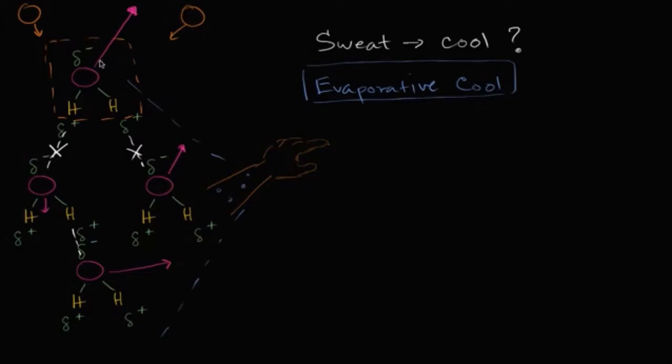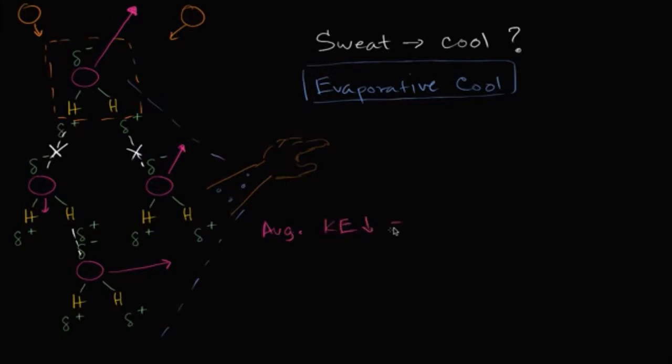So by vaporizing, or by this process of evaporation, what's happening? If some of your highest kinetic energy particles are able to escape, what's going to happen to the average kinetic energy? As the highest kinetic energy molecules escape, and those are the ones most likely to escape, your average kinetic energy is going to go down.